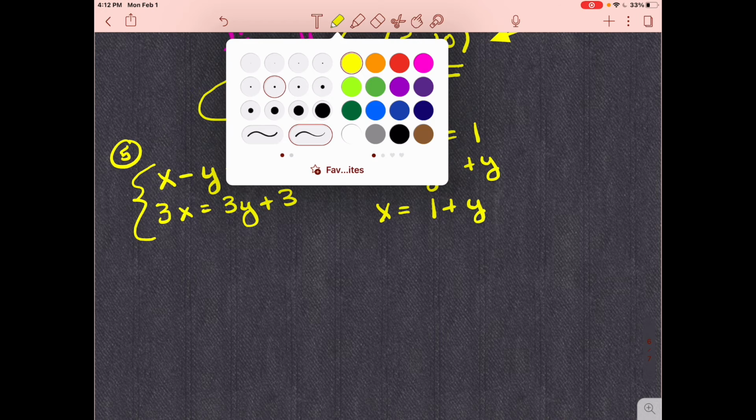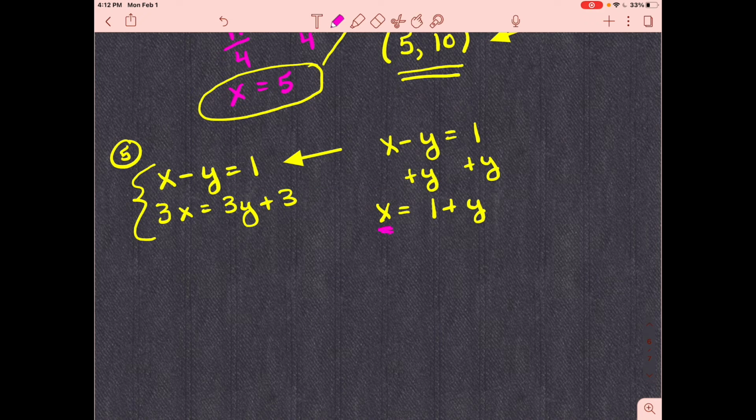So now I know that x equals this, that they're the same thing. And so I'm going to take this, and I'm going to plug it into this equation where x is.